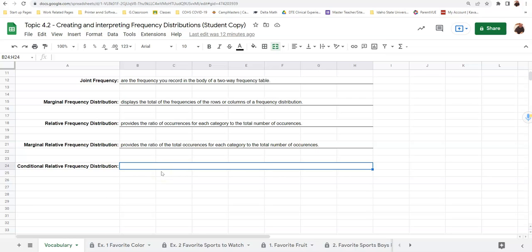A conditional relative frequency distribution is the percent or ratio of occurrences of a category given the specific value of another category. So we're going to go ahead and see what that is in our examples today.